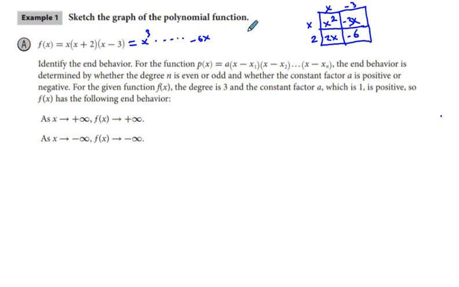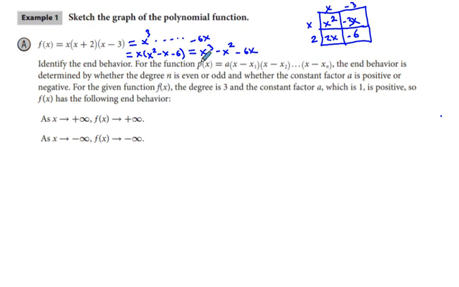So what we have is x times (x squared minus x minus 6), and that's going to be equal to distributing the x to all these terms: x cubed minus x squared, and then minus 6x. So that's what that looks like.